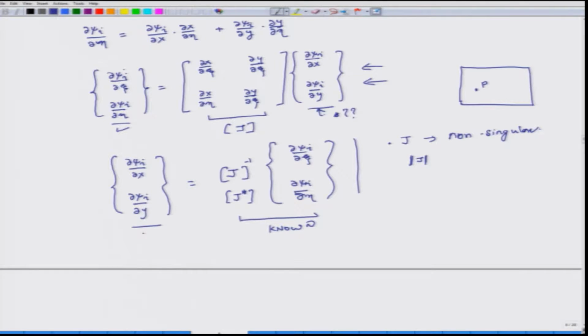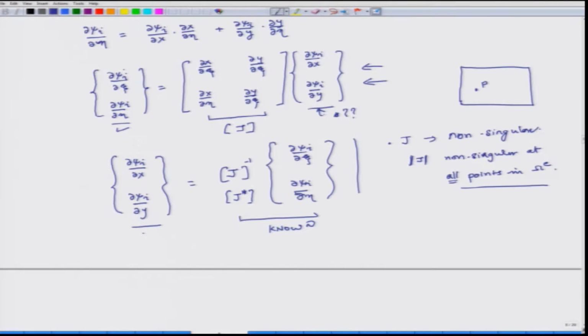So, if J has to be non-singular, at which point should it be non-singular? It should be non-singular at all points in the domain. So, it should be non-singular at all points in eth element.